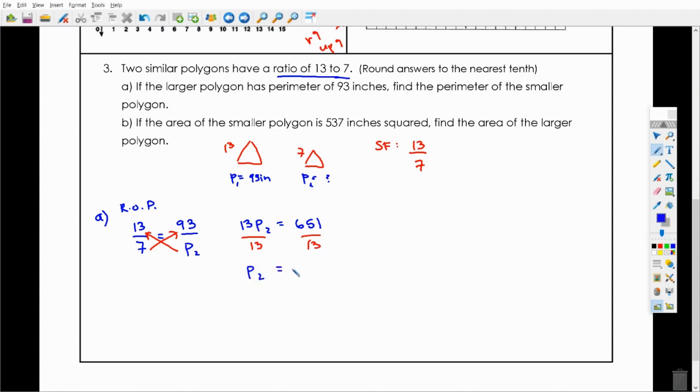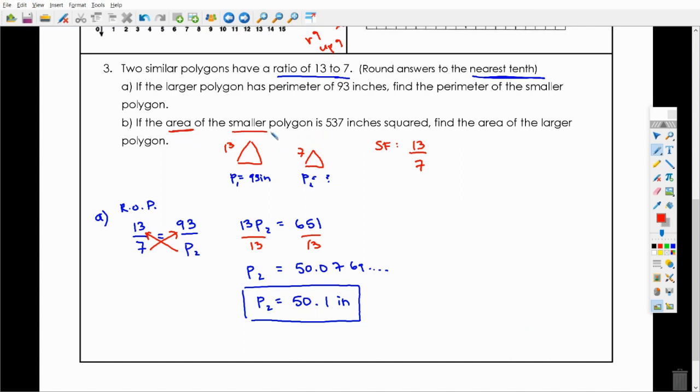So you get P2 is equal to 50.0769 blah, blah, blah. And it says round to the nearest tenth, so just one decimal place. 50 point, and then look at the next number, it's 7, so we're going to round up to 0.1. So our smaller perimeter is 50.1 inches, and that makes sense, right? Our larger one was 93, smaller one 50.1.